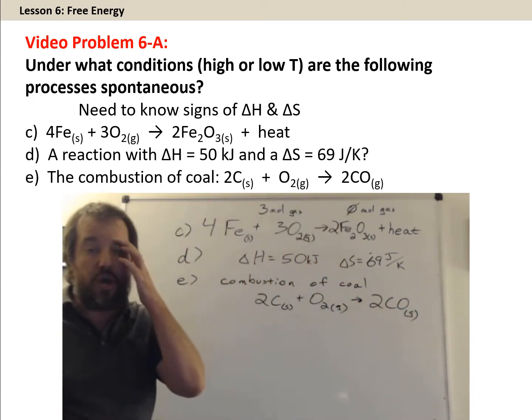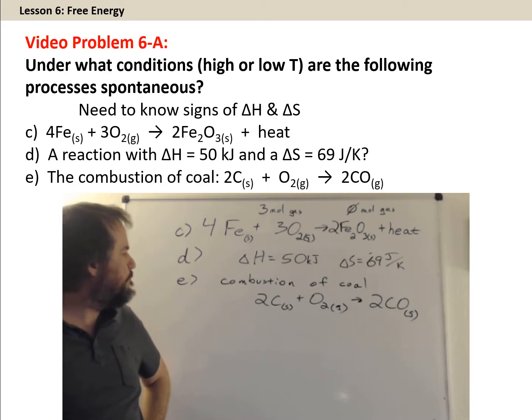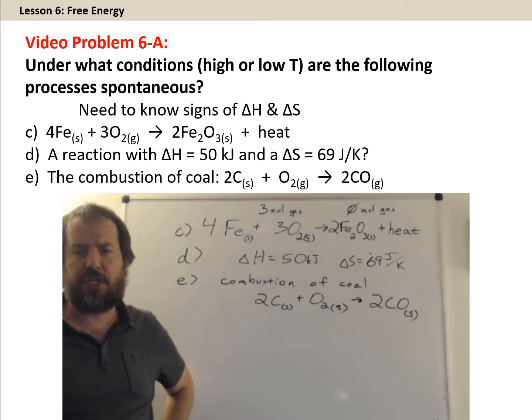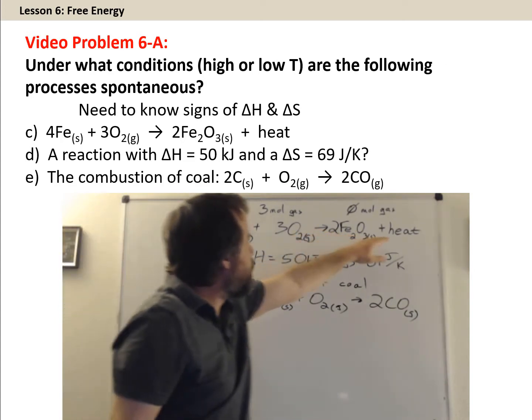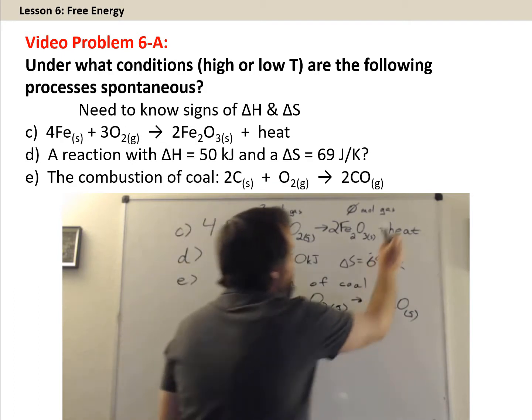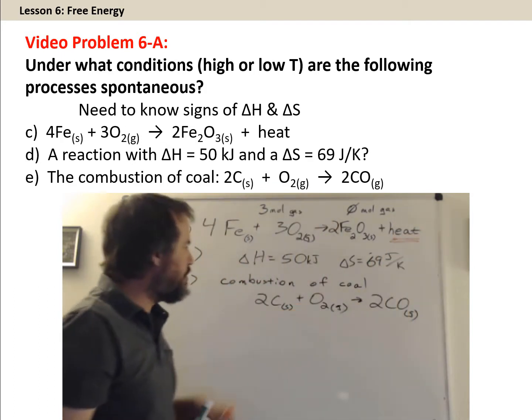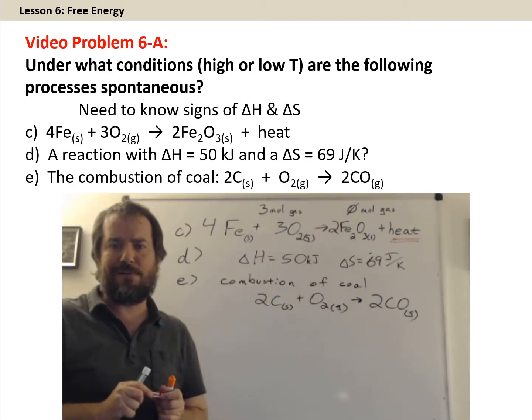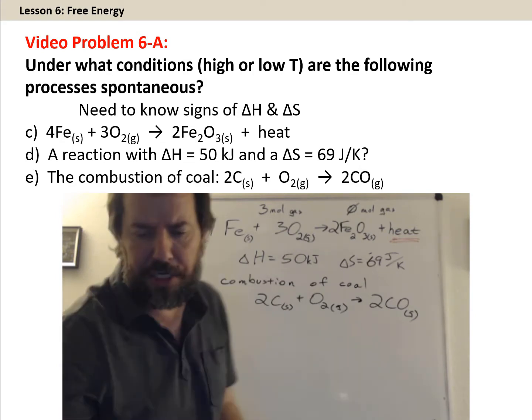All right, so let's think about this. Delta H. In the previous one, I told you that heat was being given off. I didn't tell you that here. So how am I going to know what delta H is?